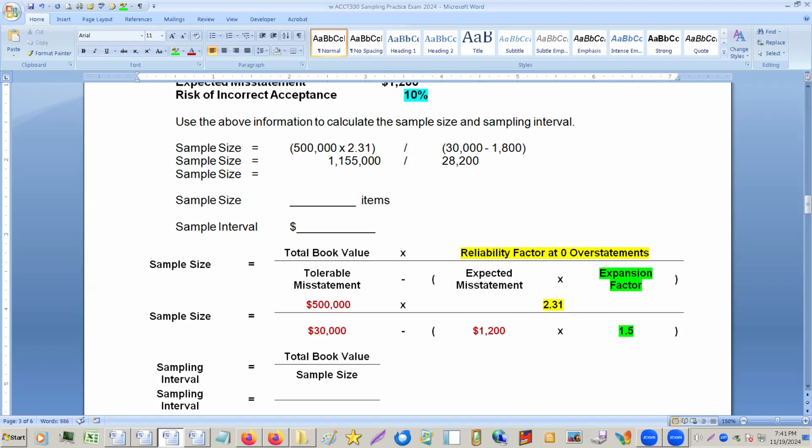That gives 40.98. And we can't take 0.98, so we're going to round to the nearest number. So we're going to take 41 items.